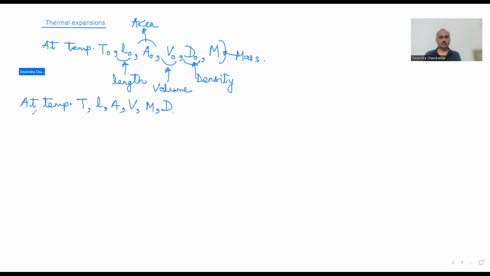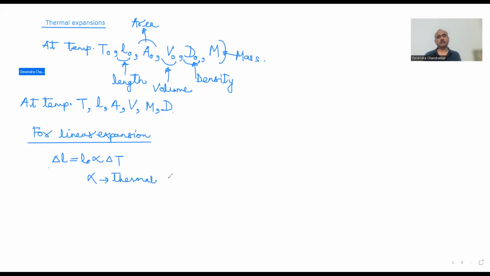Okay. Now, for linear expansion, please pay attention. It's very simple. For linear expansion, the change in length is L naught alpha delta T. Where alpha is the thermal coefficient of linear expansion. ठीक है?